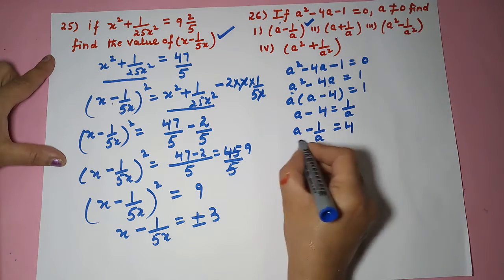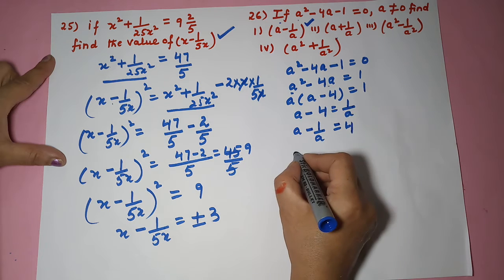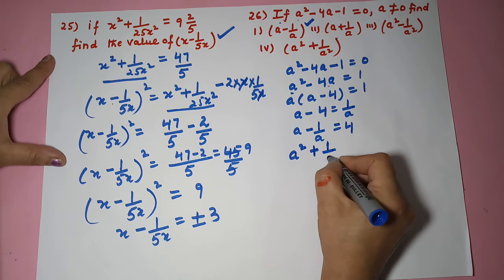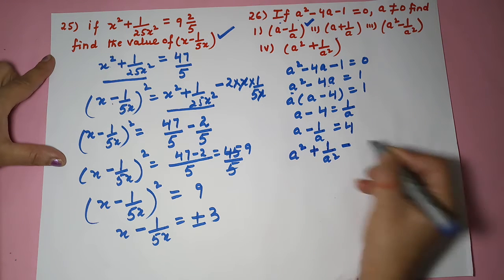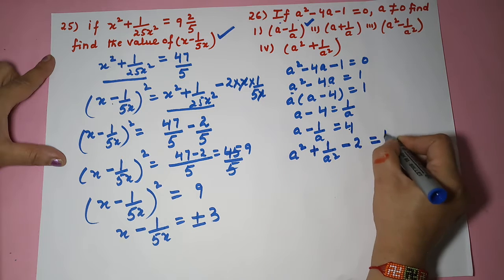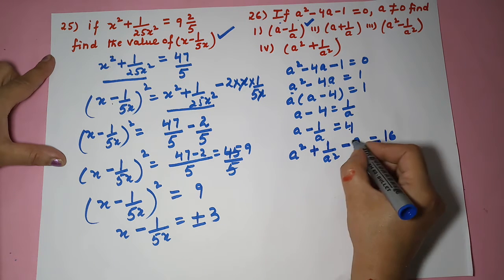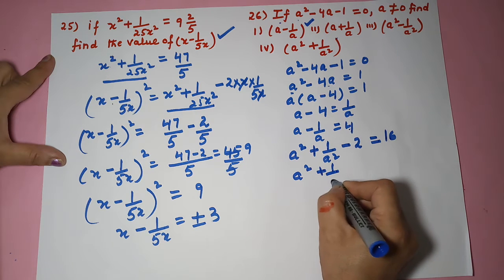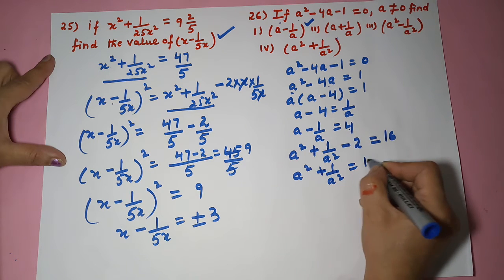So, I got the first part, right? Now, I will square this, okay? Let me square this. So, I will get a square plus b square, that is 1 by a square, minus 2ab. Now, these two are same, so only 2 here, equal to 16. So, if I shift this 2 to this side, I will get a square plus 1 by a square as 18.